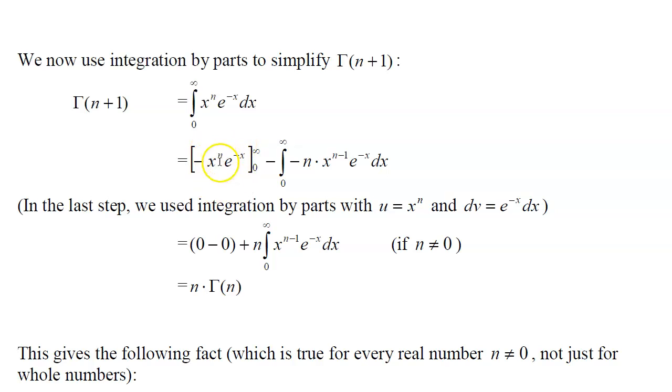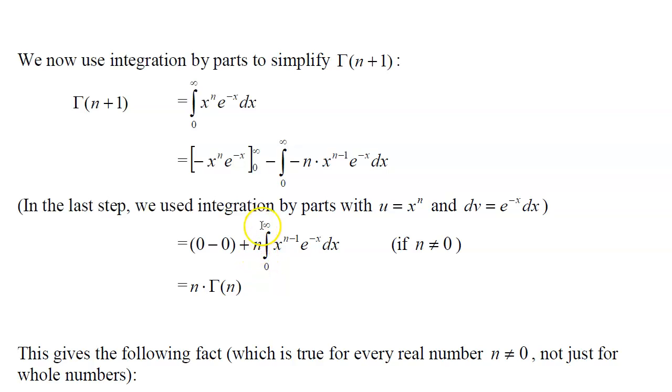But if you use L'Hopital's rule, like n number of times, I guess you can see that that would really be 0. So the point is that if you plug in some variable and let that variable approach infinity, okay, take the limit as it approaches infinity, you might have to use L'Hopital's rule n times, but you'll get 0 minus 0. So the point is that you get 0 minus 0, which is 0, okay, when you do that integration by parts, plus this thing here.